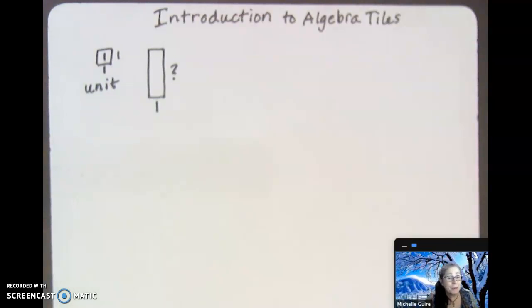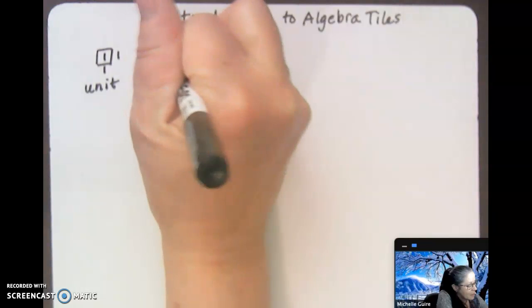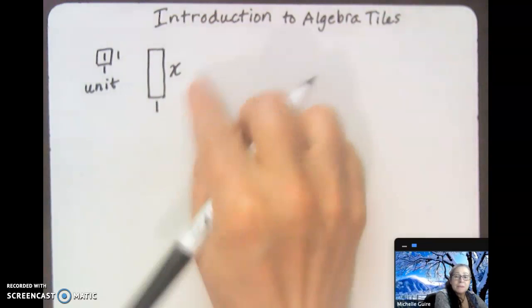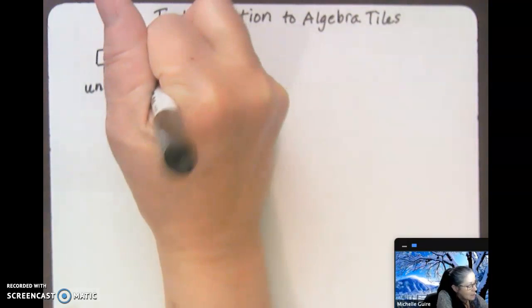If you said variable, you're right. So the most popular variable that we use in algebra is x. So I'm going to label this x. And 1 times x is 1x. So this is going to be your 1x tile.